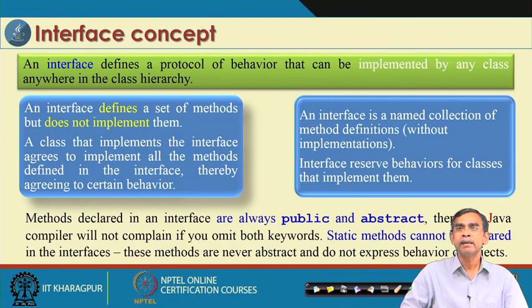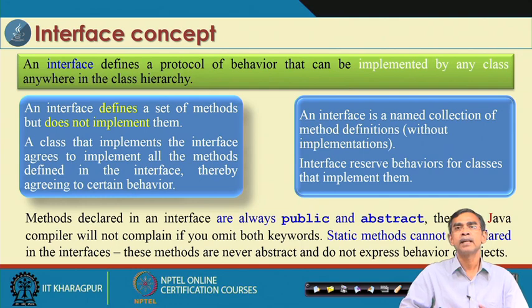It gives a profile or a view of how a class should be if you want to create your own program. So, abstract class and interface give a protocol of behavior that should be implemented by the Java programs that you want to develop.